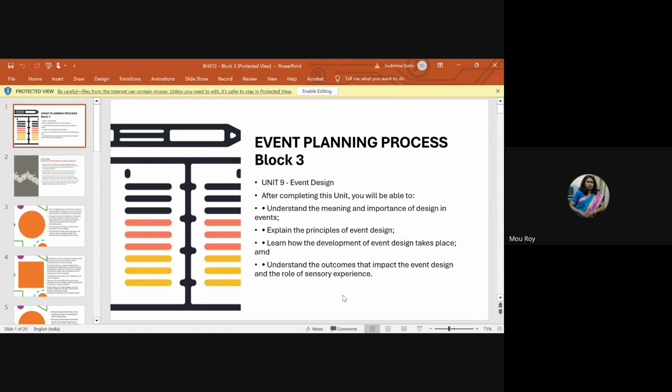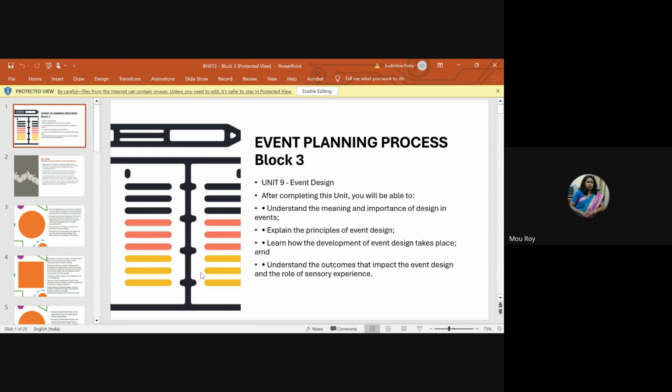This unit 9 covers event design. After completing this unit, you will be able to understand the meaning and importance of design in events, explain the principles of event design, learn how the development of event design takes place, and understand the outcomes that impact event design and the role of sensory experience.